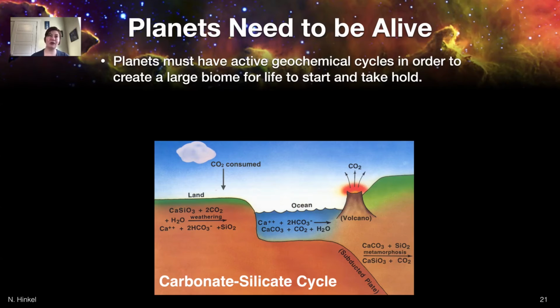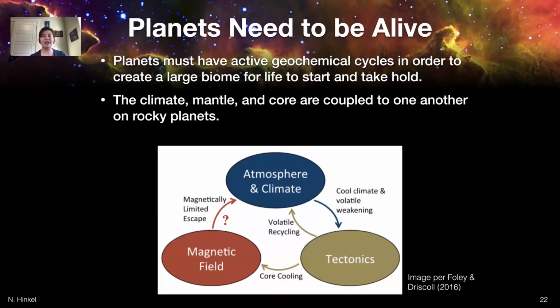And so ultimately, we realize that the climate, the mantle, and the core are all coupled together, especially with respect to rocky planets. You have the atmosphere and climate, and that's linked to the tectonics, and then eventually the magnetic field. And so you have all these things that interact with one another.